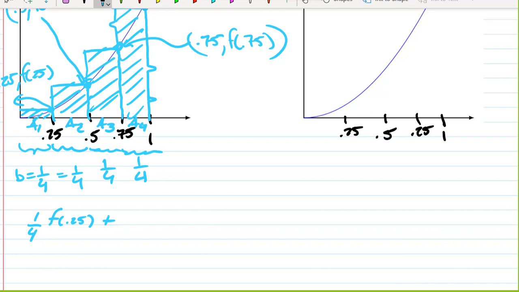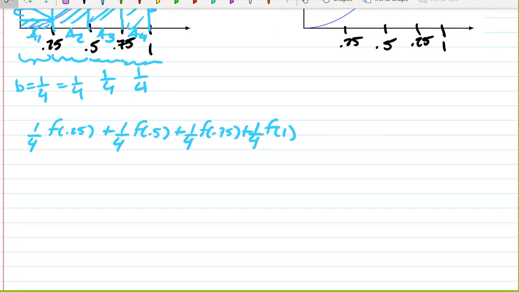The area of our second rectangle is going to be 1/4 times f of 0.5, plus 1/4 times f of 0.75, plus 1/4 times f of 1. And so that's each of my areas, because this is A1 plus A2 plus A3 plus A4.